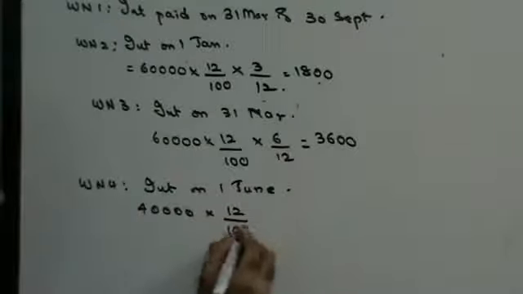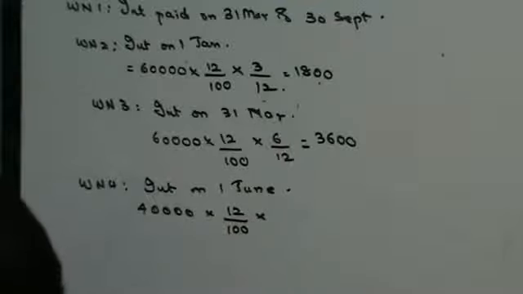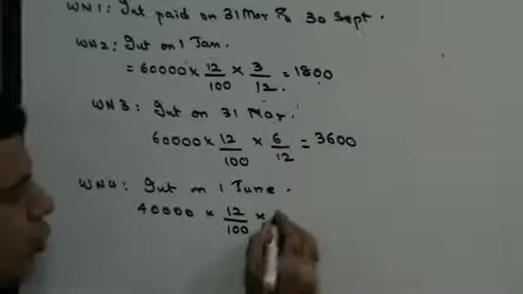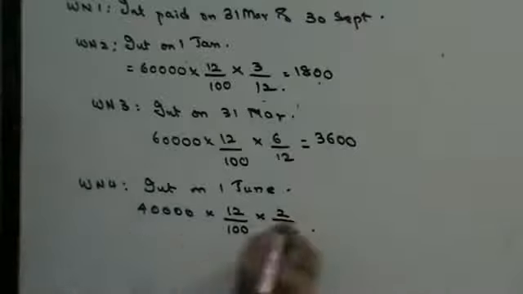These are 12% debentures. You have just paid interest on 31st March, so that's April, May, and this is 1st June. So 2 months, 800.